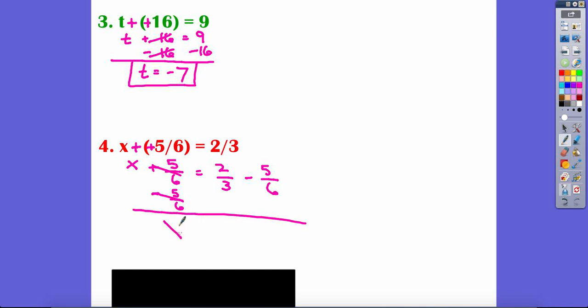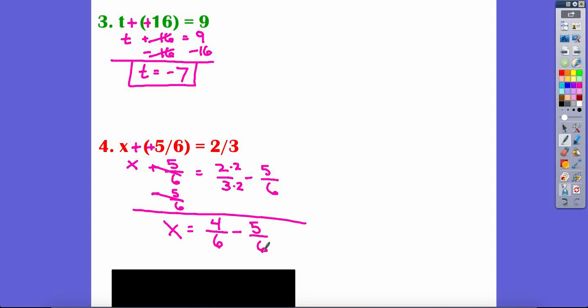And so x is going to equal, and now to do subtraction with my fractions, I need to find what's called a common denominator. So I think 3 will go into 6, and I know that if I take 3 times 2, I will get 6, and those will have a common denominator. Well, whatever I do to the bottom, I better do to the top, and so now I have this fraction, 4/6 minus 5/6.